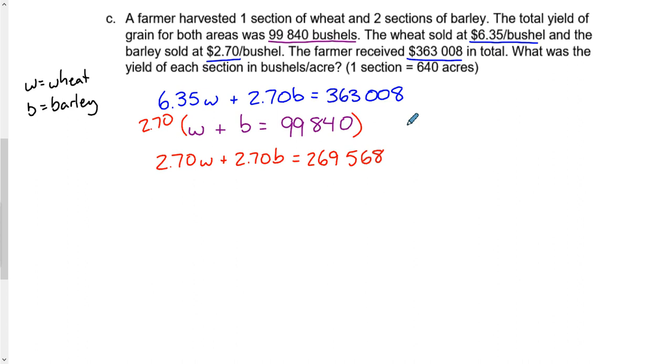Now, I don't necessarily need to rewrite my top equation. If I can understand and work with it here, and I know that I am going to take this top equation and subtract everything in this bottom equation, I'm good as gold.